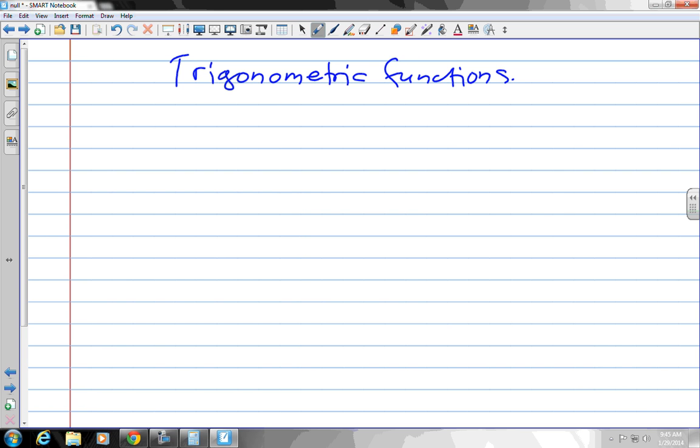Since we agreed that all similar triangles possess the same ratios within each triangle, we're going to focus on a very special family of triangles. I'm going to call them the right triangles. A right triangle has a 90-degree angle.